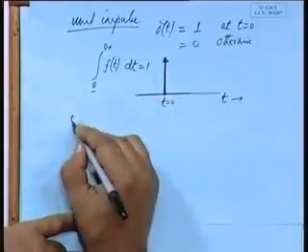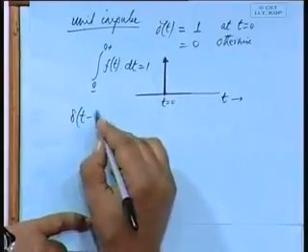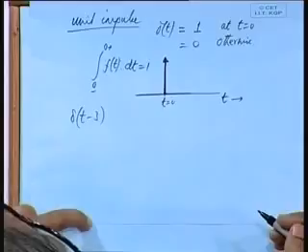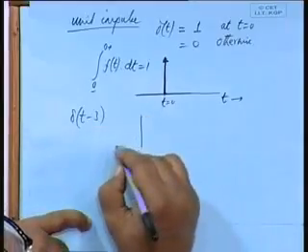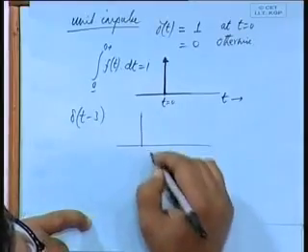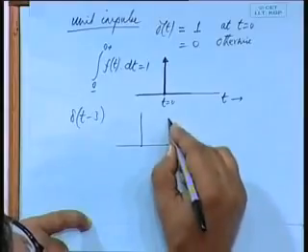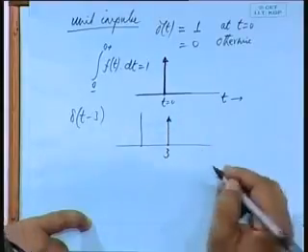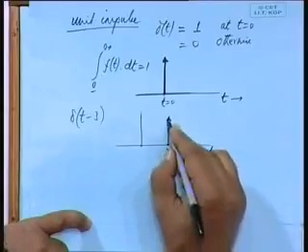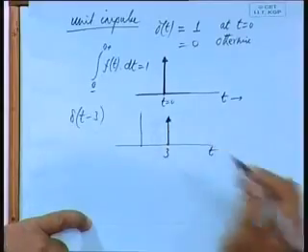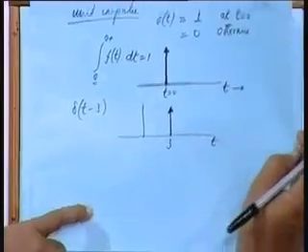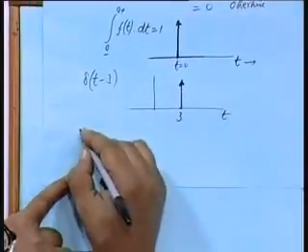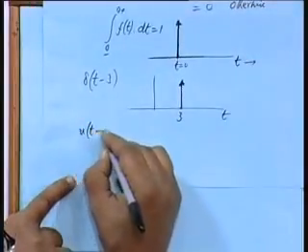So, delta t minus 3 represents what? This is a shifted version of the same impulse, that is, at t equal to 3 this function appears. Okay. Similarly, what will be u t minus 4?